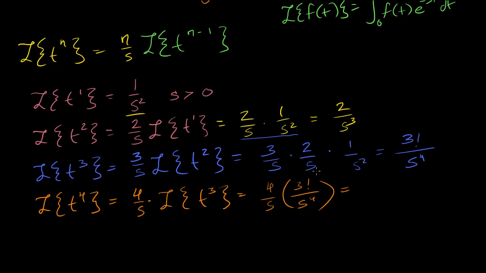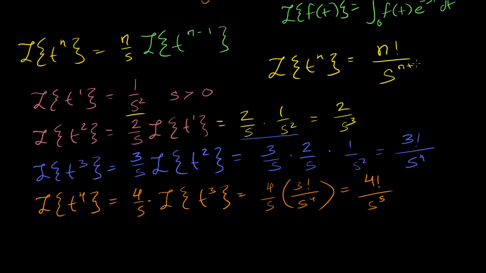So now 4 times 3 factorial, that's just 4 factorial over s to the 5th. And so you can get the general principle, and we can prove this by induction. It's almost trivial based on what we've already done, that the Laplace transform of t to the n is equal to n factorial over s to the n plus 1.